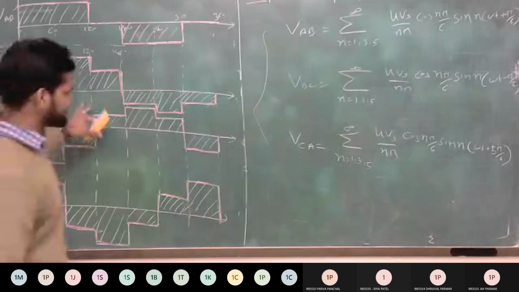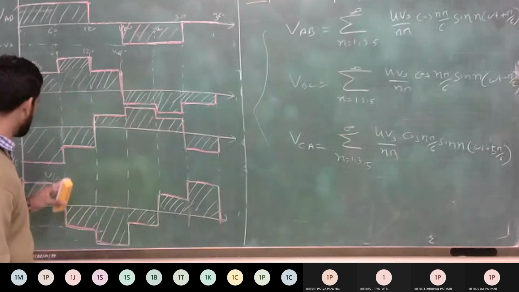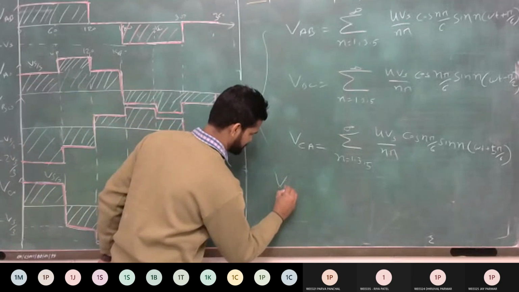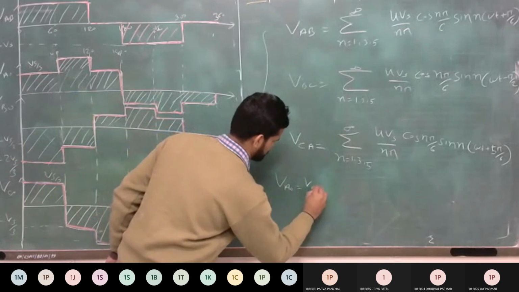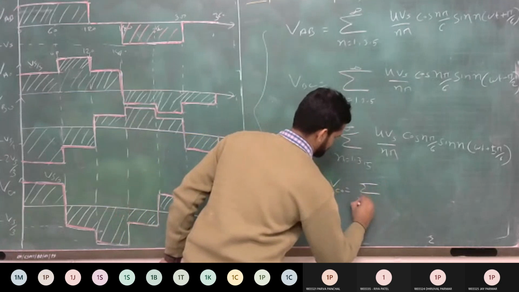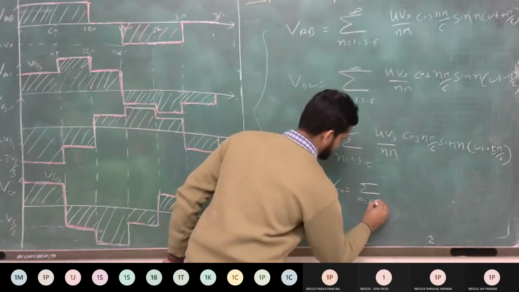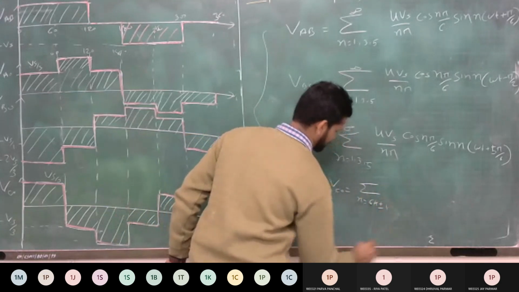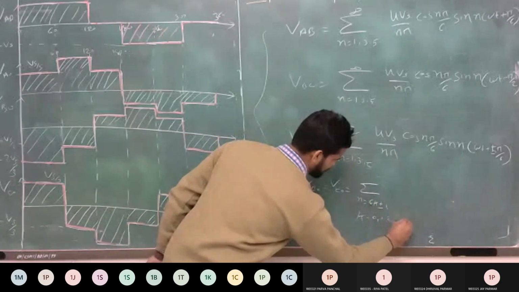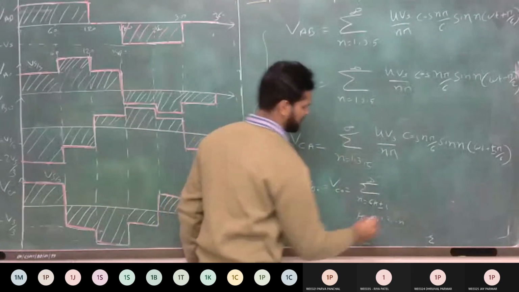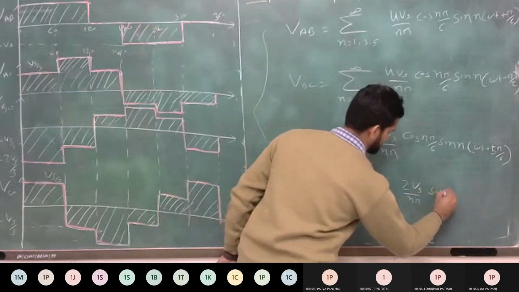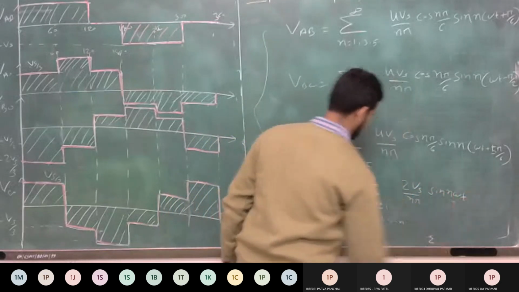Now for the phase voltages VA0, VB0 and VC0, the Fourier analysis equation is the summation of n equal to 6k plus minus 1, where k is equal to 0, 1, 2, 3 up to infinite, 2 Vs by n pi sin n omega t.